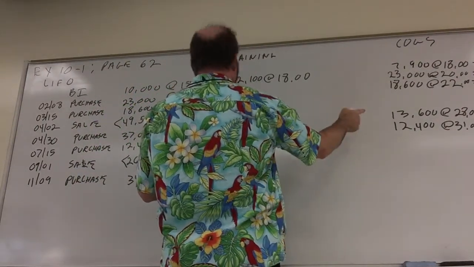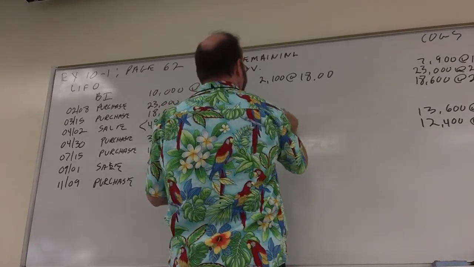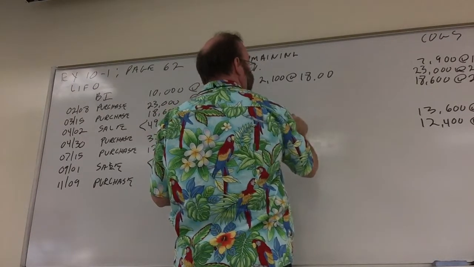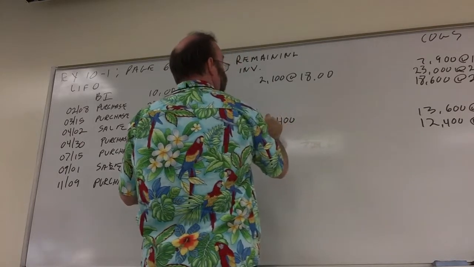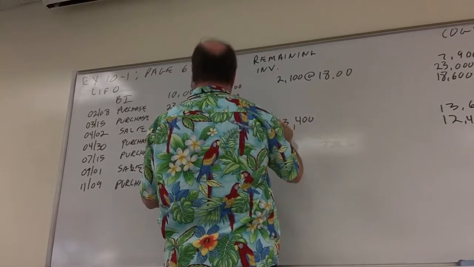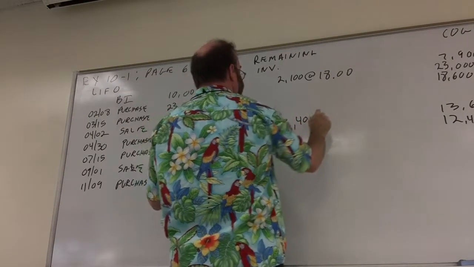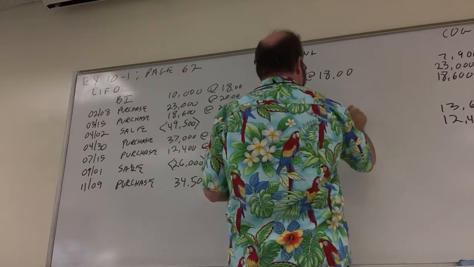And we have in inventory, so we sold 13,000. So that leaves us out of this batch 23,000 at 28.